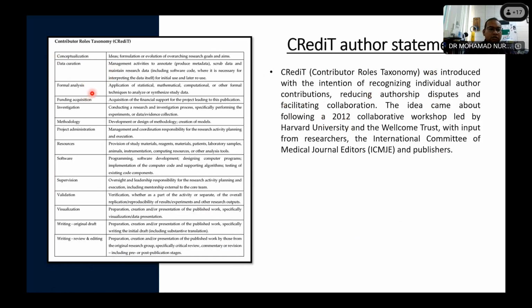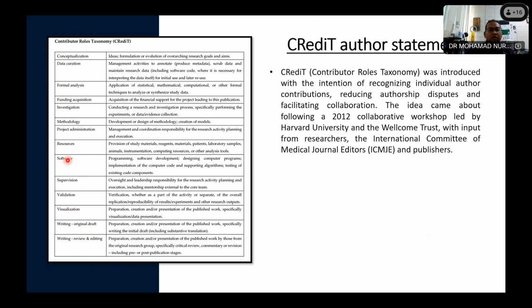It covers conceptualization, data curation, formal analysis, funding acquisition. So we have to put every name in our author list and explain their contributions. Normally the principal investigator or supervisors will be in conceptualization, supervision, validation, writing the original draft and review and editing.